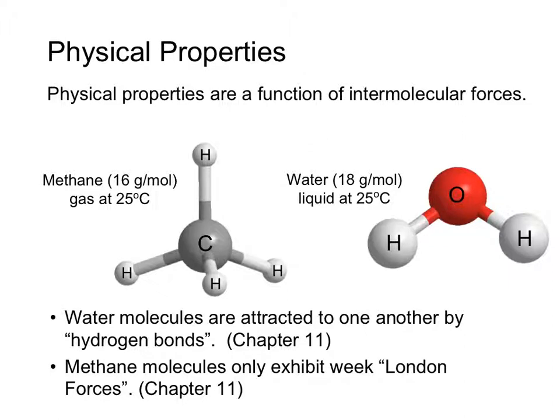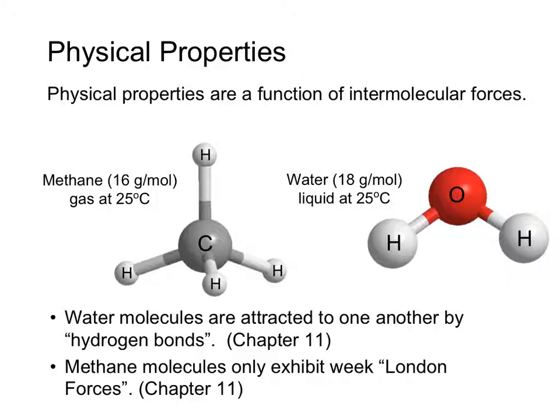Physical properties are a function of something we call intermolecular forces. Intermolecular forces are the forces or interactions that exist which hold the molecules of a substance to each other. Methane, natural gas, only exhibits what we call London forces, which are very weak intermolecular forces. On the other hand, water exhibits what we call hydrogen bonding, which is a very strong intermolecular force.